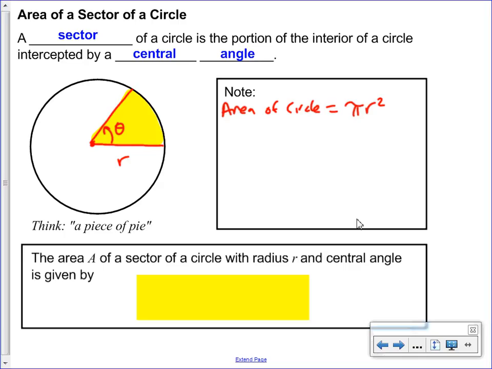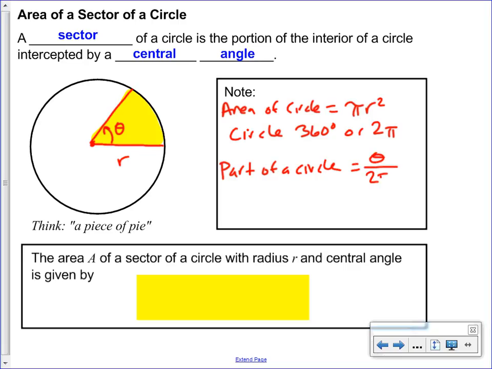And you know that a circle is 360 degrees, or 2 pi. So part of a circle is going to be whatever angle, so theta over 2 pi times pi r squared.